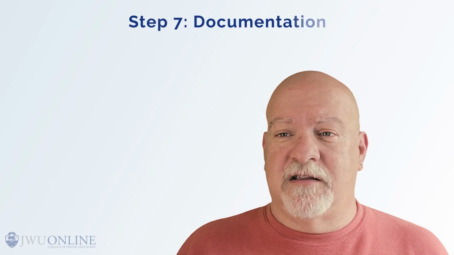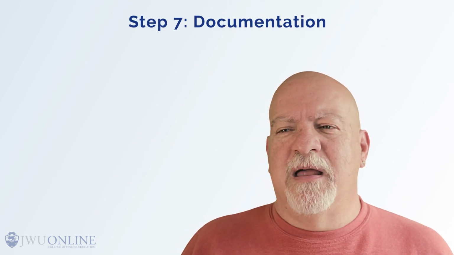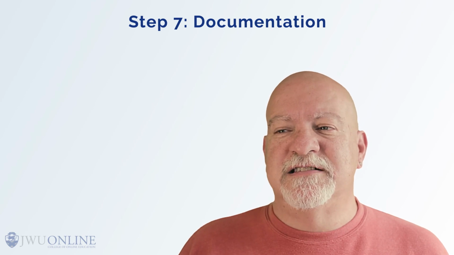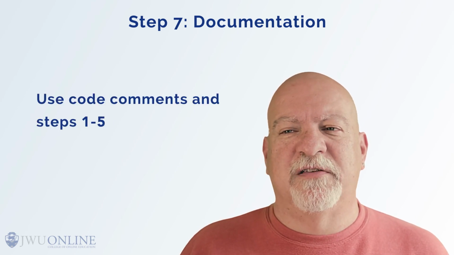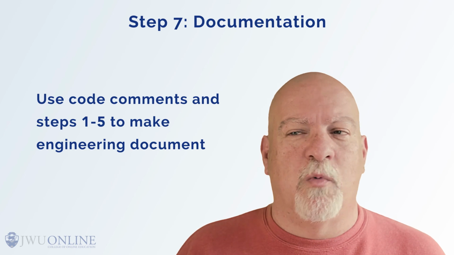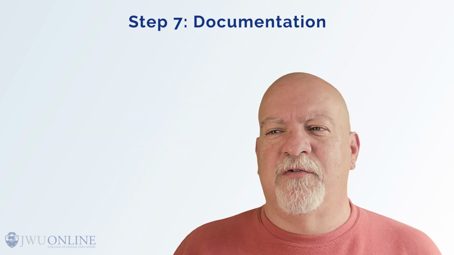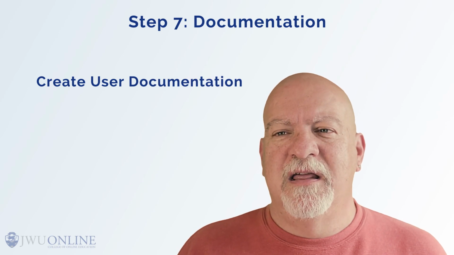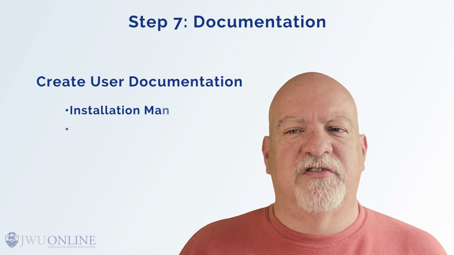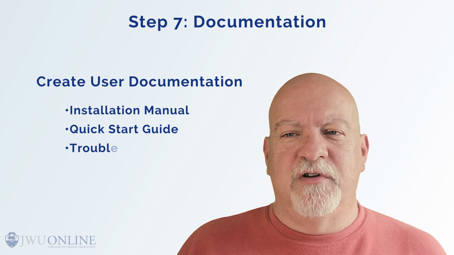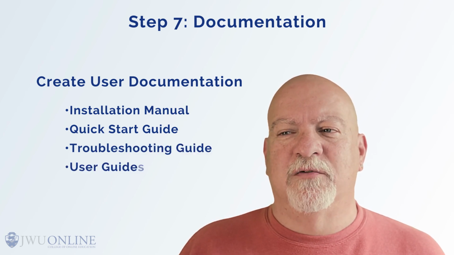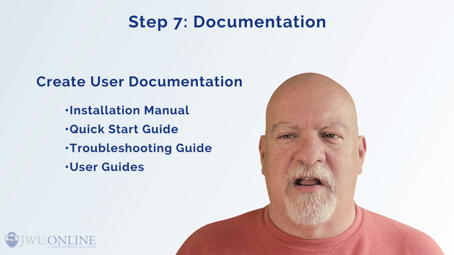Step 7, documentation. The documenting of a project is relatively easy if the comments in the code and the specification of the project have been done well. It is important to expand on these items to allow for the creation of a user document that includes an installation and startup guide, a troubleshooting guide, and more technical manuals as dictated by the project or product.